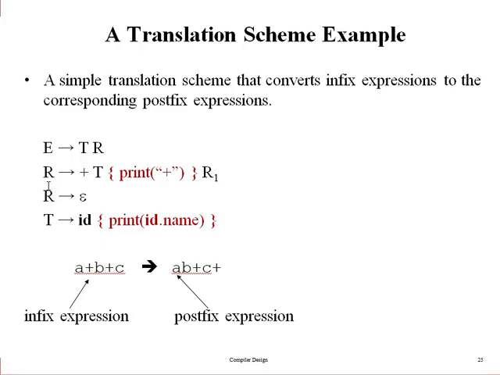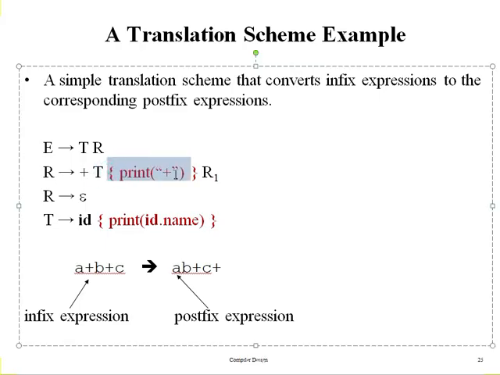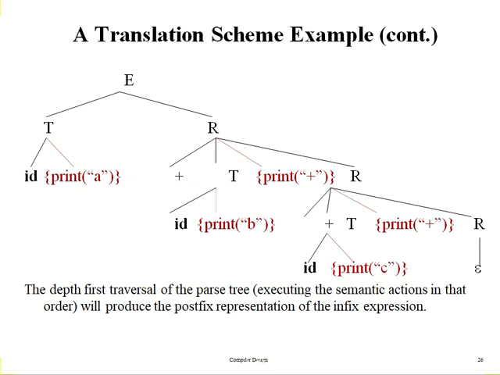So for example, if we use this production rule, R derives plus T, then in braces print plus, then R1. So under R we will add four nodes: plus, T, the semantic action, and finally R1. So the semantic actions are also added as a node under the grammar symbol. That's why we construct the tree like this for the expression a plus b plus c.